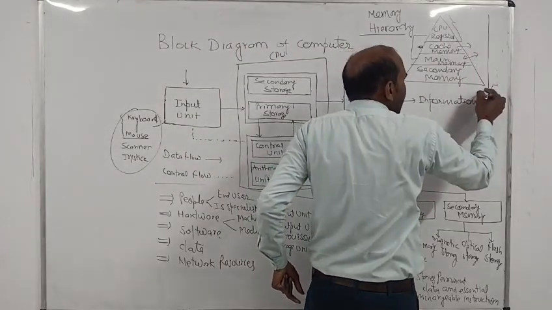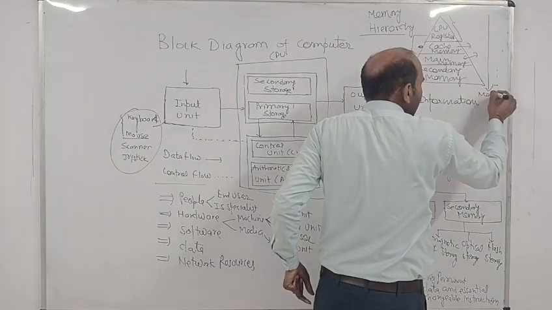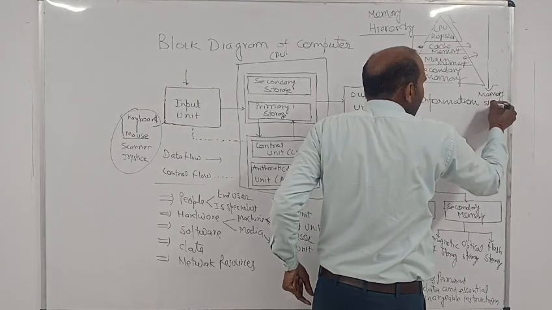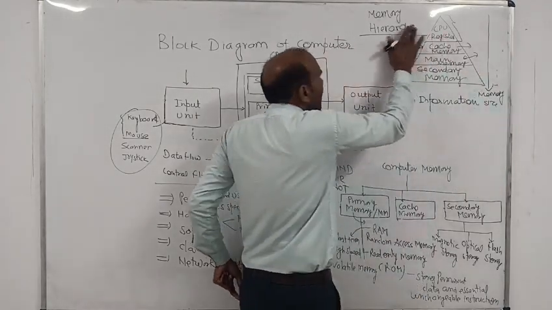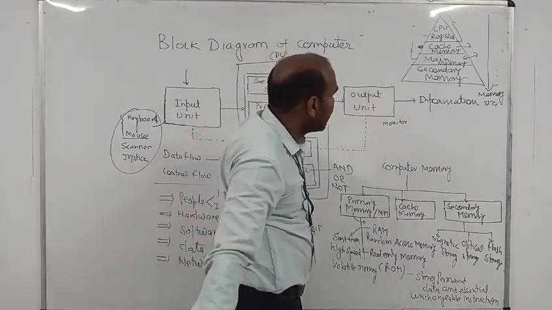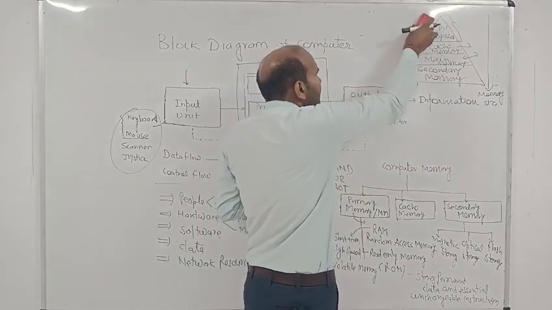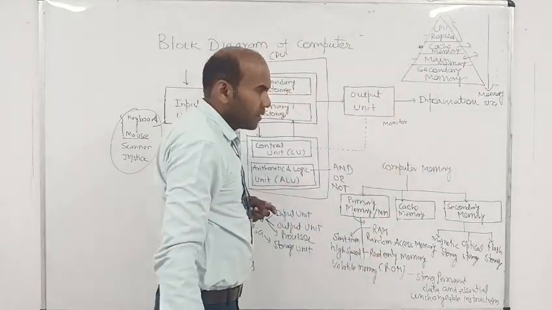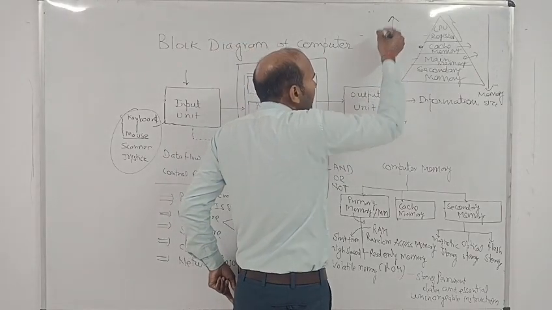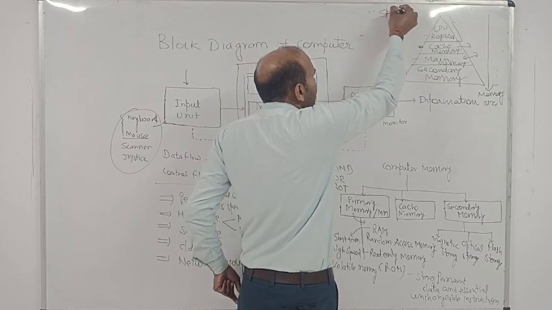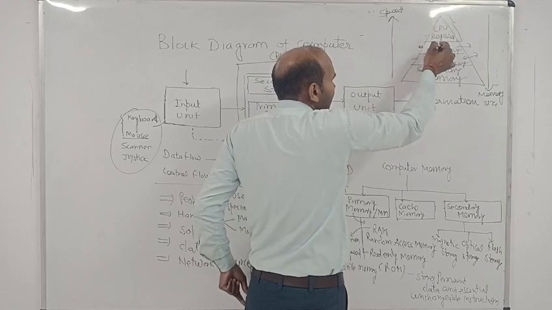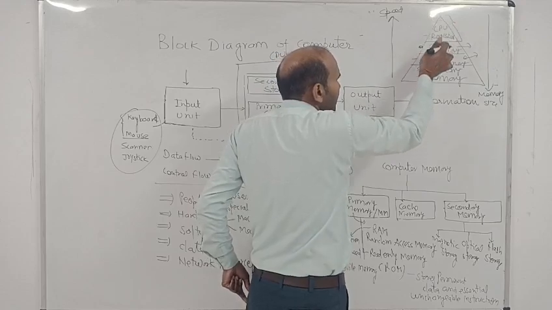Memory size increases from top to bottom, and the speed of memory increases from bottom to top. The CPU register has a very high speed. Compared to this, cache memory has less speed than the CPU register.